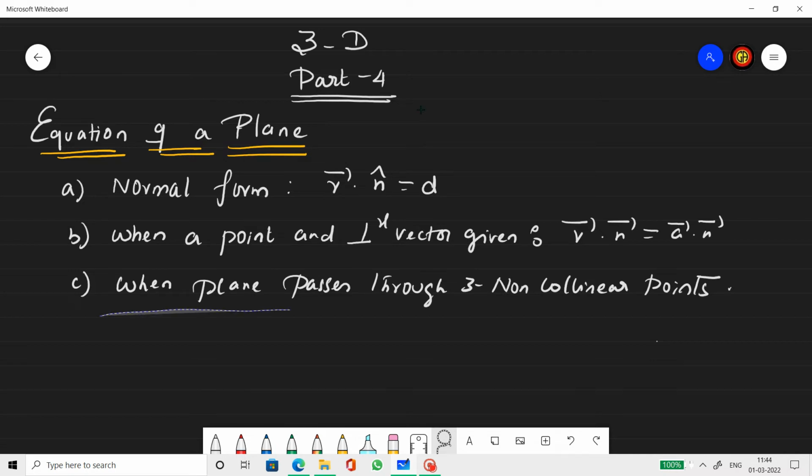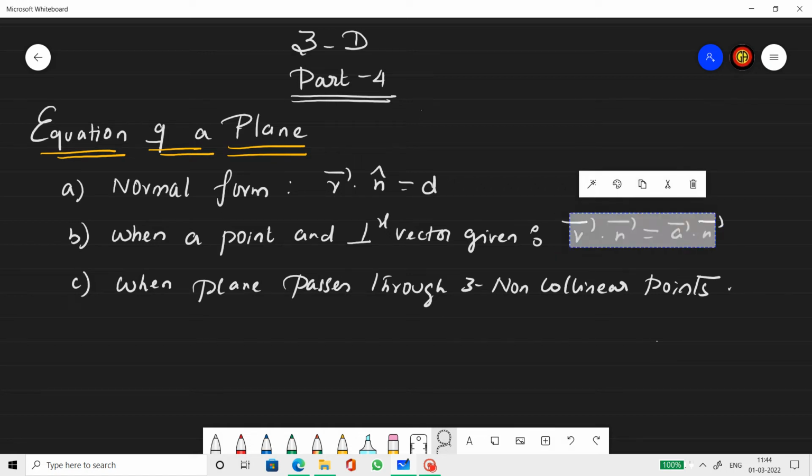Now, when the plane passes through three non-collinear points, there is also a formula given in the book, but I'm not going for that. I'm going to explain the concept behind how this formula is formed, and this is going to be our base for all the sums. I'm going to help you solve all the sums with this formula.